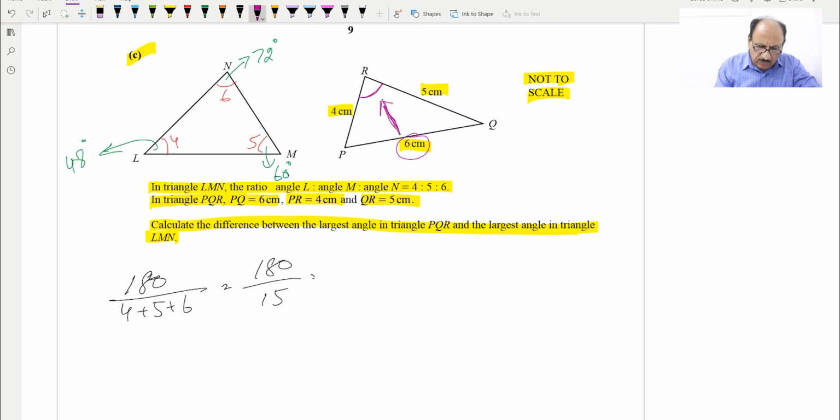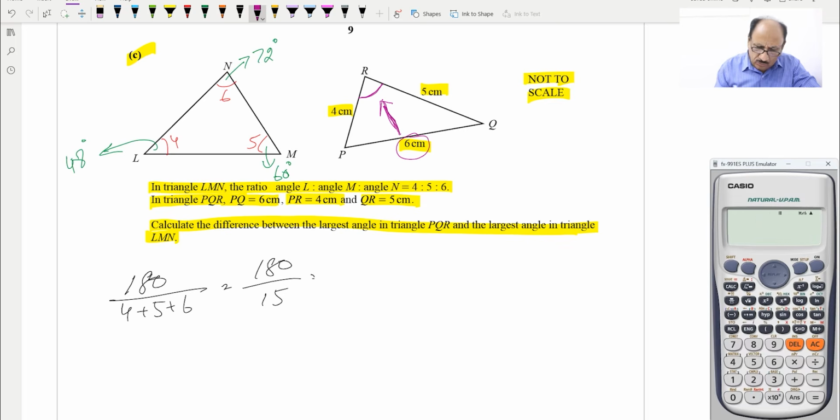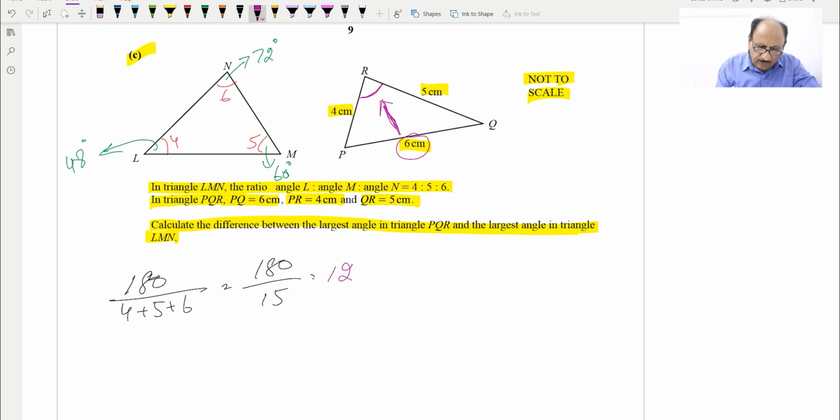So we calculate 180 divided by 15, which was 12, which we have calculated and used to find the angles of triangle LMN.